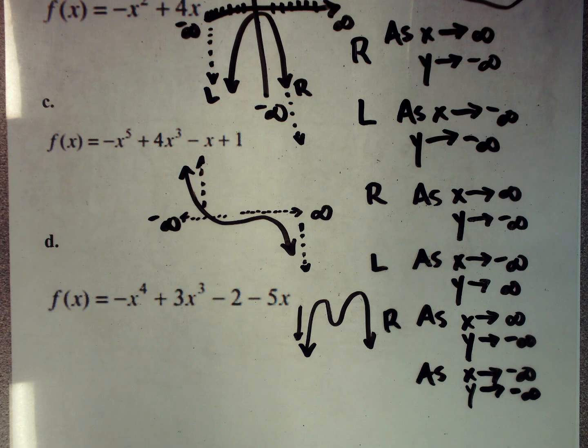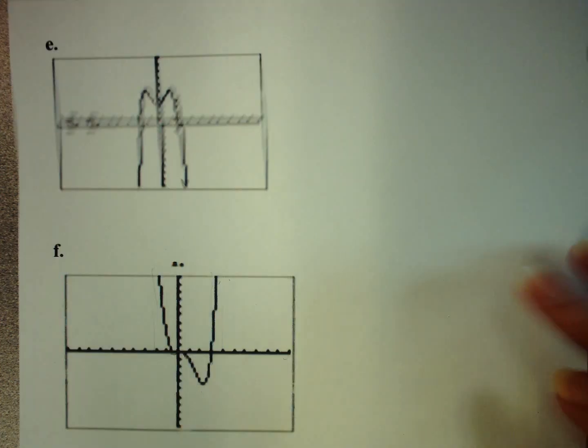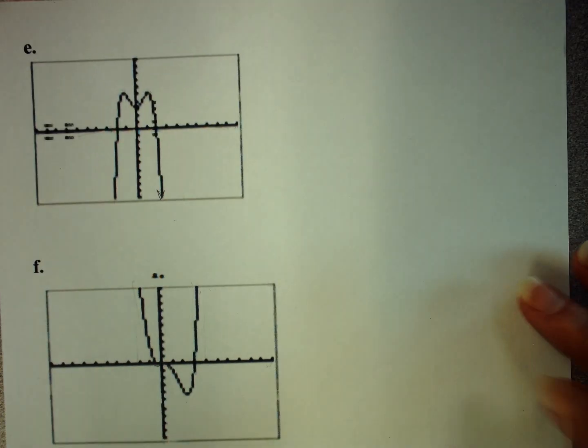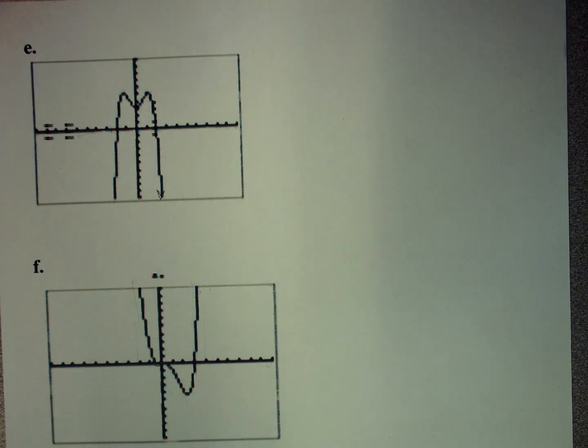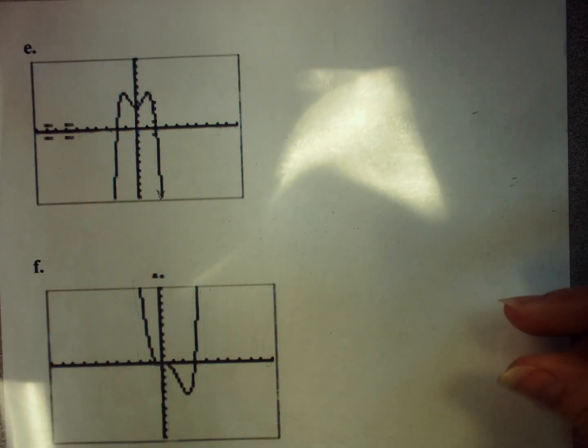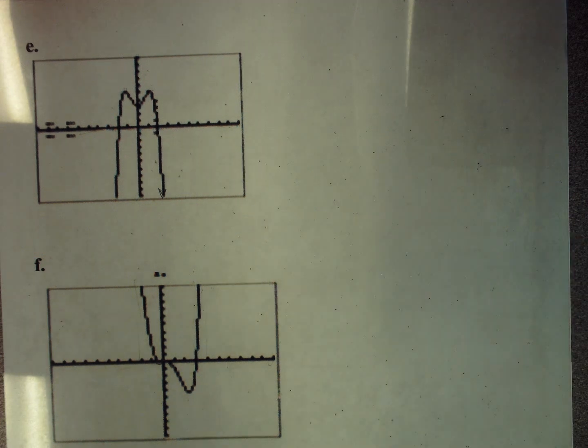Okay? Now, the last part, they will give you graphs. That'll be easy because they're showing you what it looks like, and you do the end behavior based on the graph. Okay? So let's look at a few of those, and then we should be finished. Okay, so we're just still describing the end behavior of each of these graphs.